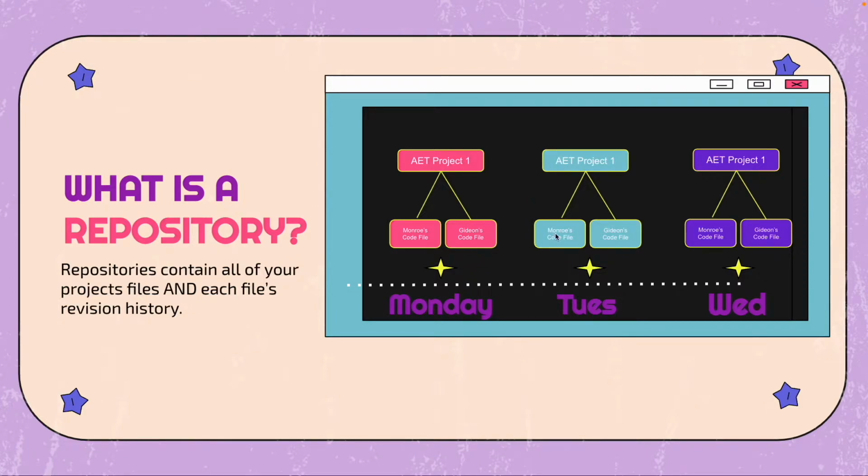But then on Tuesday, Monroe completes her code for her LED and her sensor. And then Gideon's code is still empty. So Tuesday's project looks a little different. And then Wednesday's project is like Gideon finally uploads their code. And now we have Monroe's code and Gideon's code in this project, and the code has been improved upon. So revision history is like all of these steps that the project took to get where it currently is.